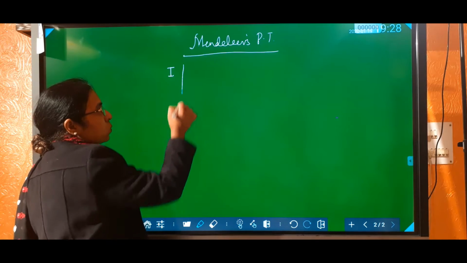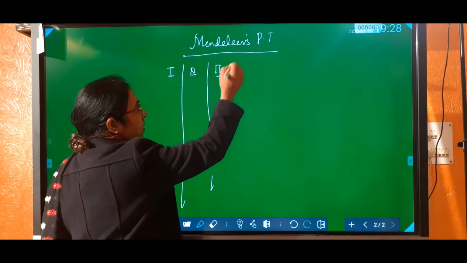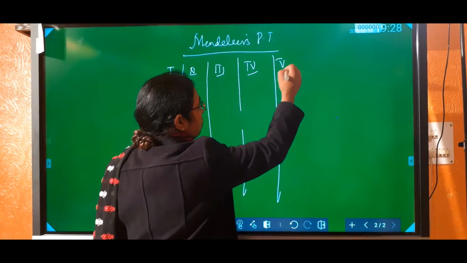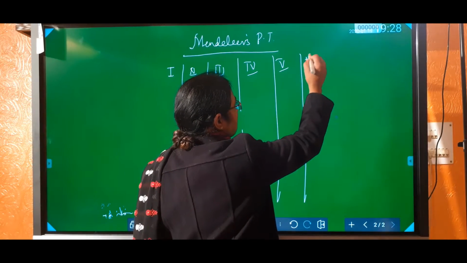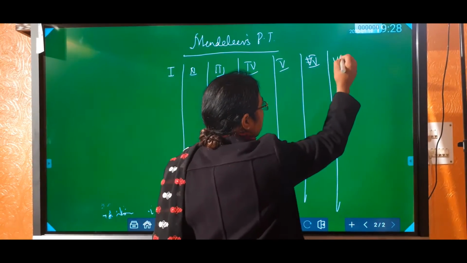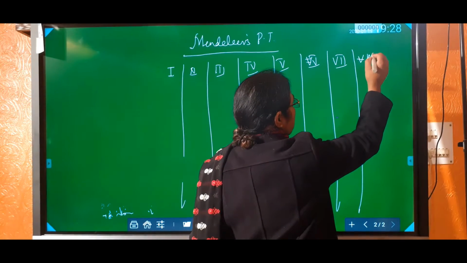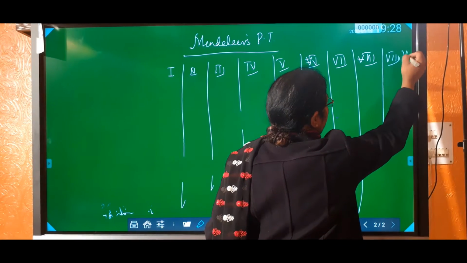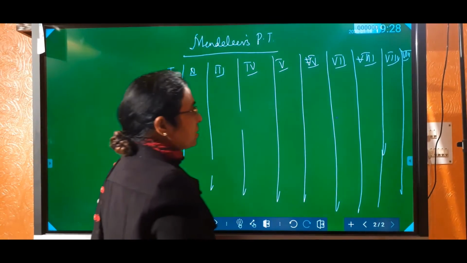So it is 1, 2, 3, 4, 5, 6, 7, 8. So there are 8 groups.